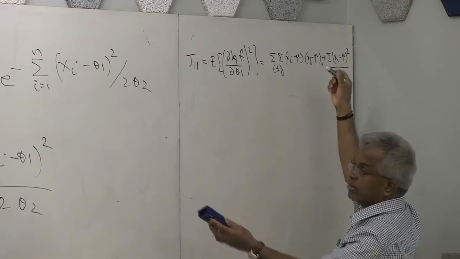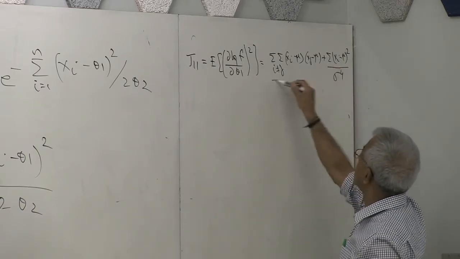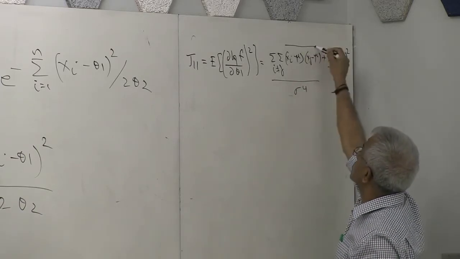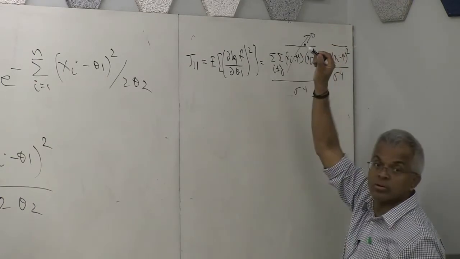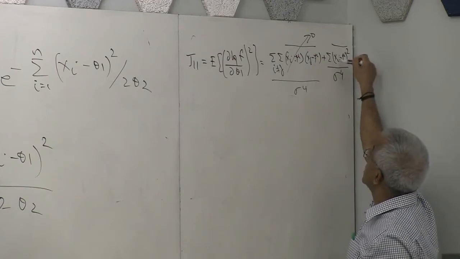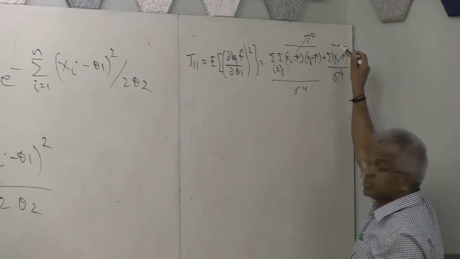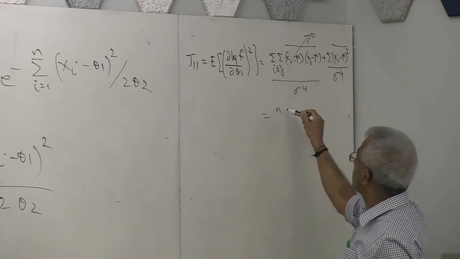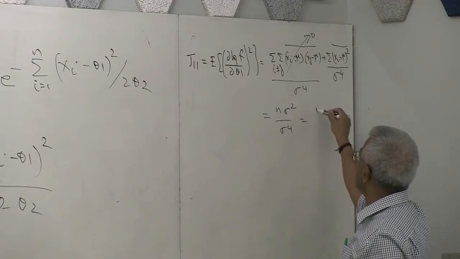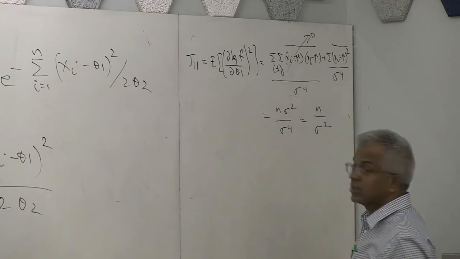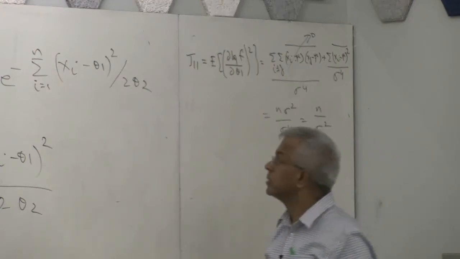The whole thing is squared, so the denominator becomes sigma 4. Expected value: when i is not equal to j, this is 0. When i equals j, this is sigma squared, n sigma squared. So you get n sigma squared over sigma 4. So that's J11.